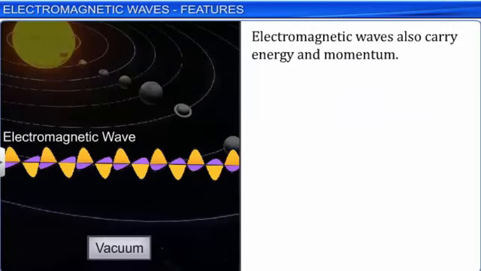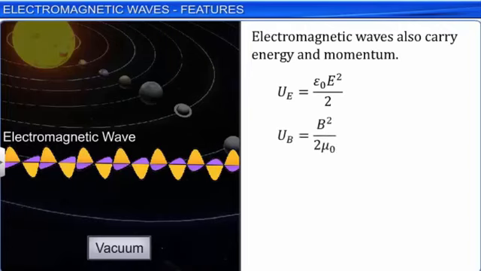We have learned that the energy density associated with the electric field in free space is written as U_E is equal to epsilon naught E square by 2. And the energy density associated with the magnetic field in free space is written as U_B is equal to B square by 2 mu naught.